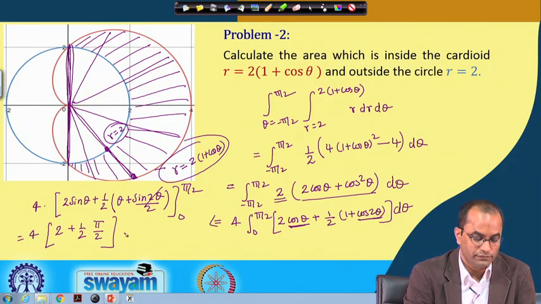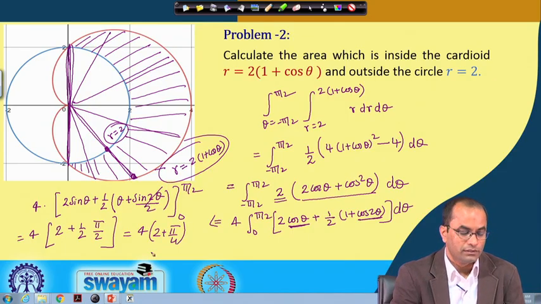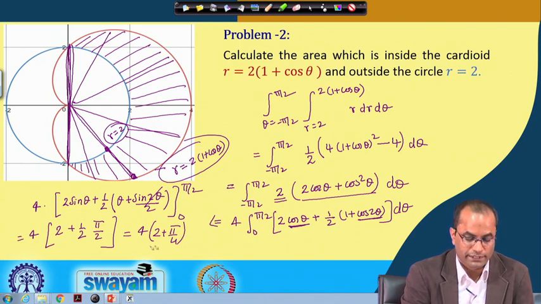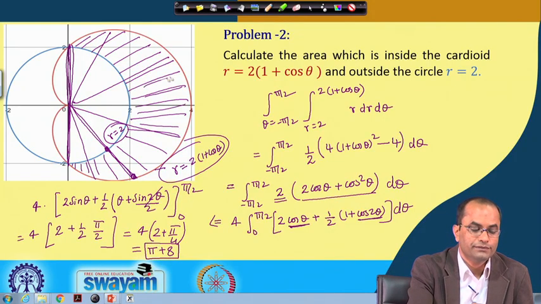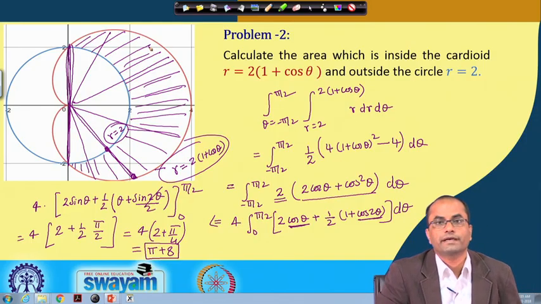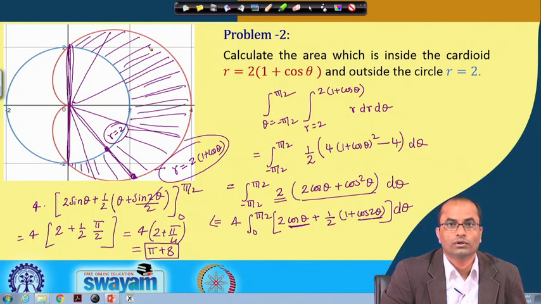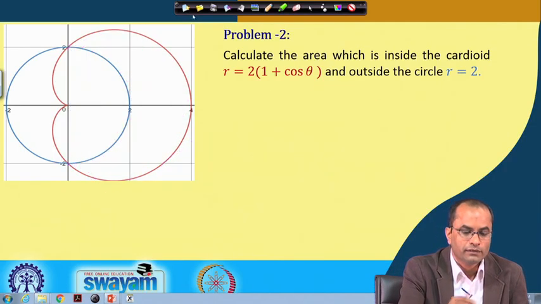So, we have 4 times 2 plus pi by 4, or pi plus 8. So, that is the area of this region which is drawn in the figure, and with the help of polar coordinates, this was very easy to evaluate.